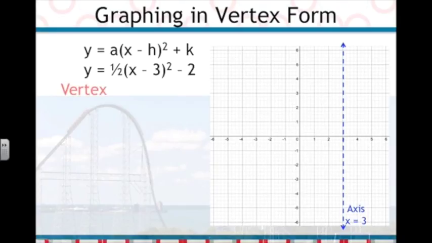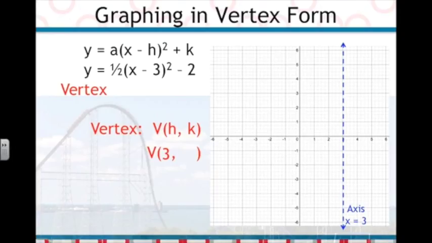Next, we need to identify the vertex of the parabola. To do this, we need to identify h and k in the equation, because the vertex is the point h, k. We already know how to identify h, the value that is subtracted from the x, so we know the vertex is the point 3, something.